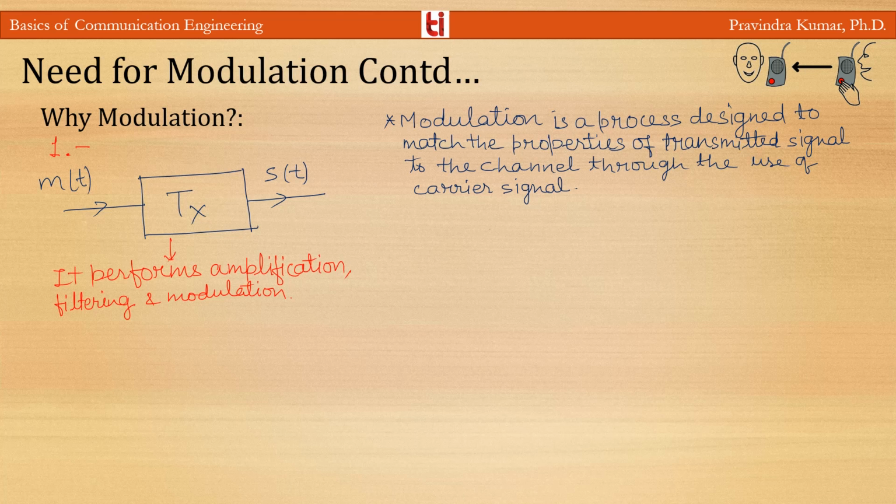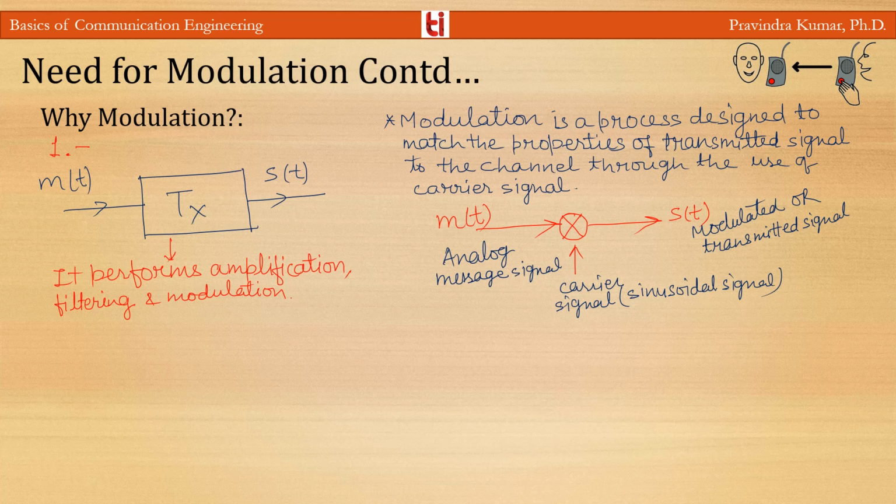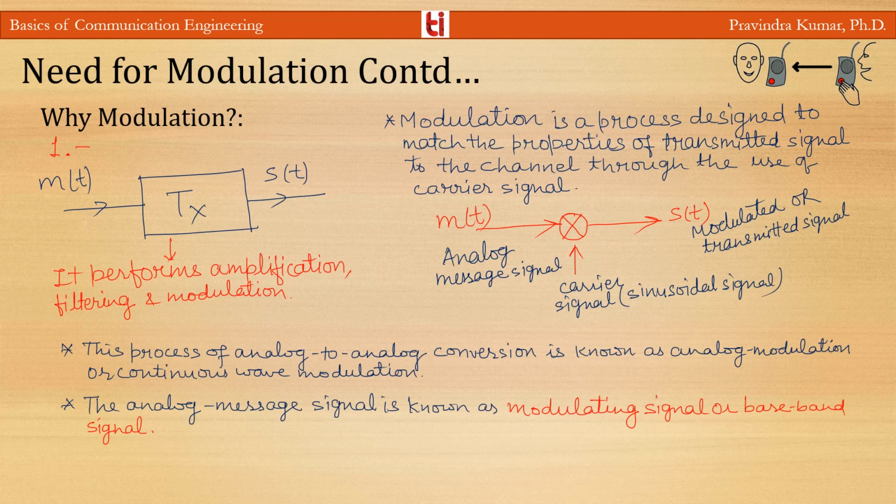So in this process, we use the analog signal and carrier wave or sinusoidal signal, and these are combined, and I will get my transmitted signal. This process of analog to analog conversion is known as analog modulation or continuous wave modulation. The analog message signal is known as modulating signal or baseband signal.